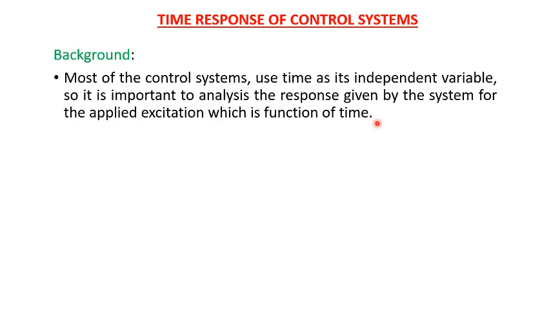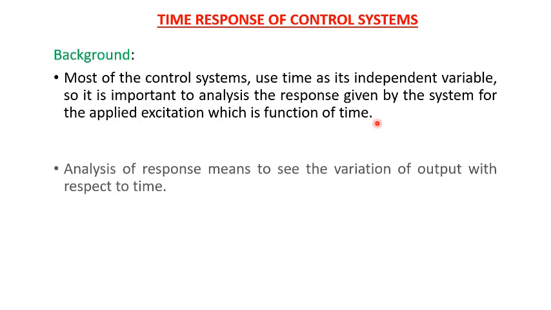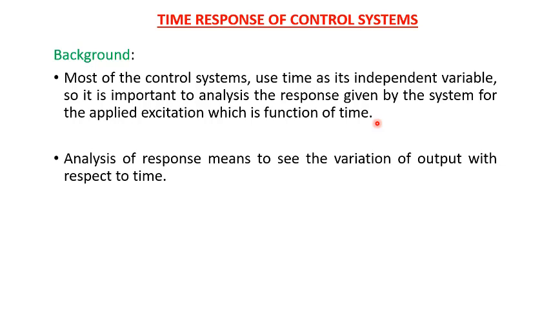So to know about that, we have to understand or analyze the nature of the control system when it is subjected to different types of inputs. So analysis of response means to see the variation of output with respect to time. So what type of variations we are going to get for the given input is going to be of key interest.